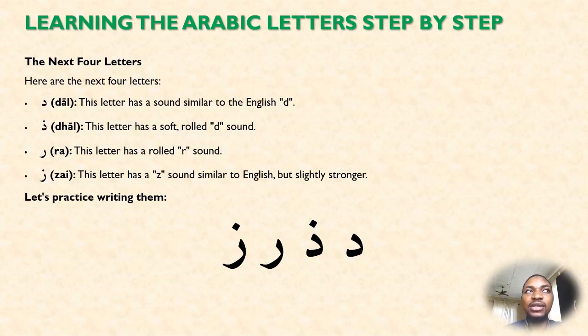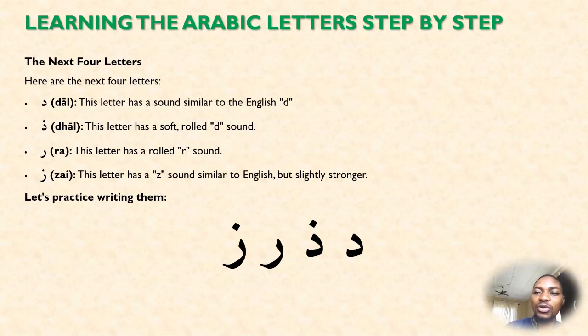Dal looks like you want to draw a triangle, but with two alterations. In the triangle you're drawing, there's no left side. Then in the connection between the right side and the bottom, you don't make that connection. That joint would not be sharp. So you make it a little bit curvy.